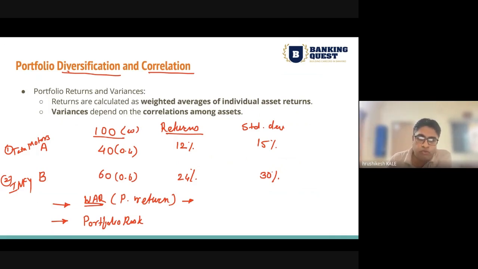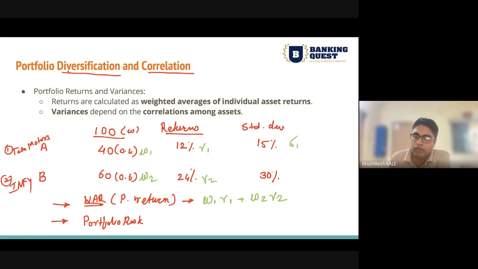So for those who do not know, please write it down. Portfolio return is W1 R1 plus W2 R2, where W1 is this, W2 is this, R1 is this, R2 is this.